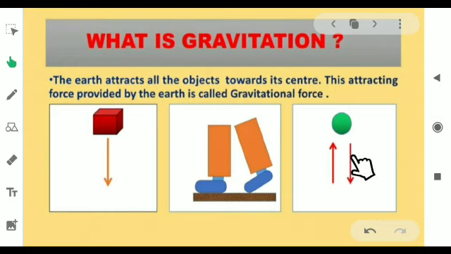Clear? In the third case, if we throw a ball upward, after reaching a certain distance, the ball comes back because of the attraction of the earth. Clear? Yes. Actually, this gravitation was discovered by a great scientist called Sir Isaac Newton.